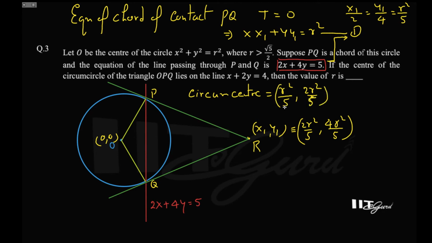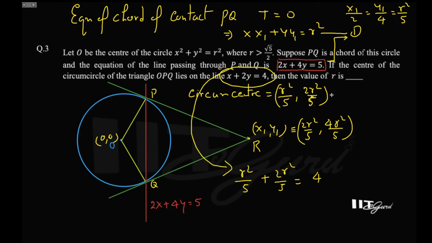Now this circumcenter, as per the question, lies on the line x + 2y = 4. So this circumcenter satisfies this line: r square by 5 plus 2 times 2r square by 5 equals 4. This is coming from this line.